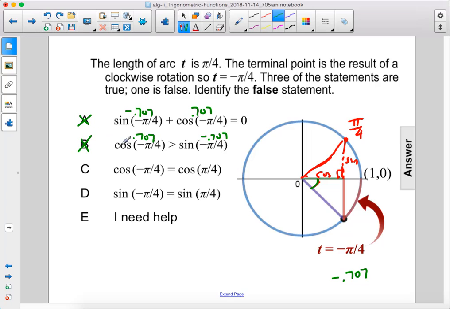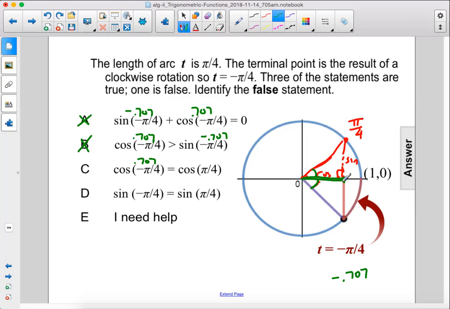We can eliminate it. The cosine of negative pi over 4 is 0.707, as we've previously determined, equals the cosine of pi over 4. So basically, what we're asked is, is this value here the same for this angle as it is for this angle? And that is true. You can see they both share this exact same leg, same length.